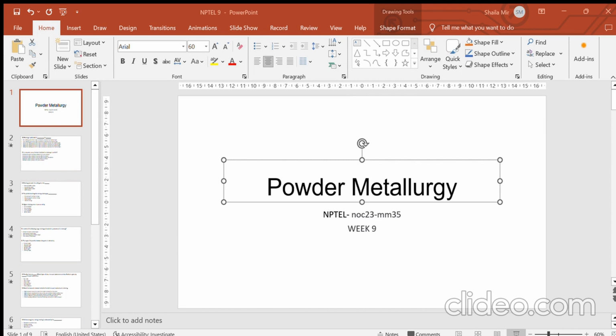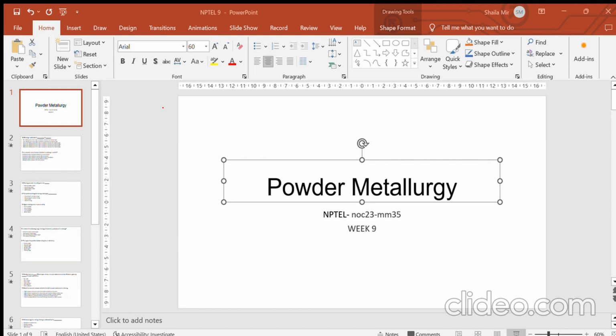It says then above the melting point of the major constituents to increase the final strength, or below the melting point. So we have three options: at the melting point, above the melting point, or below the melting point. The right answer is actually below the melting point of the major constituents, because the powder metallurgy concept is different from the casting process, where we achieve the final density of a material by melting it. Here we are not going to the molten state.